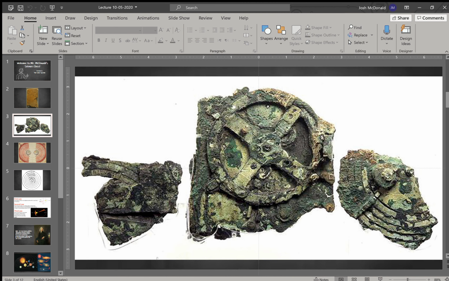This was actually found in a shipwreck not that long ago, and it took them a while to figure out what it was for. It just modeled the movements of different objects in the sky. And think about that. That's over 2,000 years ago. They were able to so accurately model the sky that they could build this mechanism and use it for navigation.